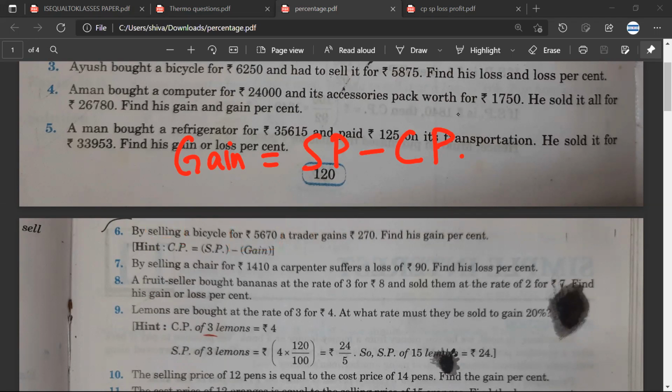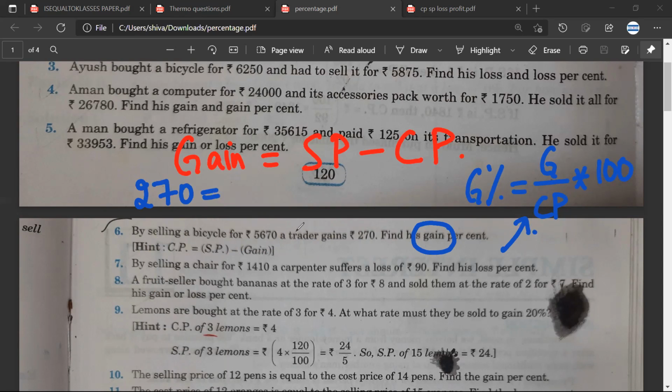Now, because I want the gain percent, I know my gain percent is gain upon cost price into 100. So first I need to find the cost price. Now the gain is 270. I know the selling price is 5670. So solving for this, I will get the cost price. Sarthak, do we agree to this or not?